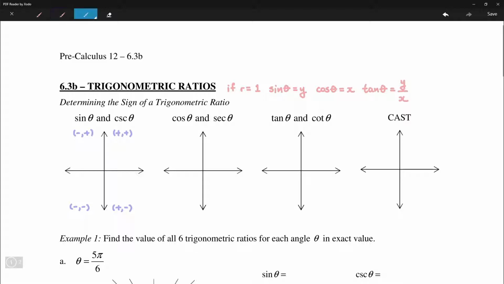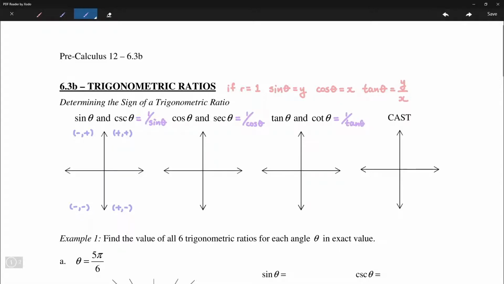So, combine that with what we know about the reciprocal trigonometric ratios, and that is, for example, cosecant theta is equal to 1 over sine theta. Secant theta is equal to 1 over cosine theta. And that cotangent is equal to 1 over tangent theta.